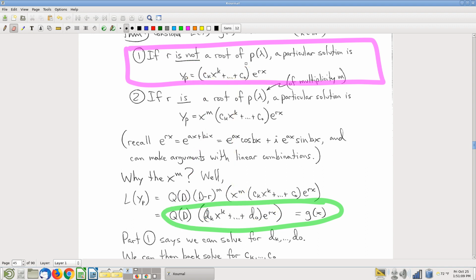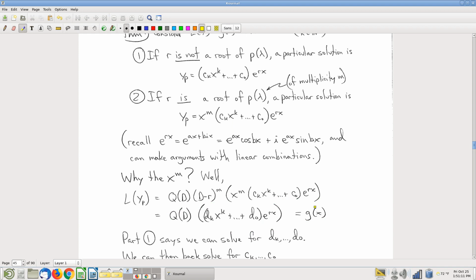Right, so big picture then, if you want to find a solution of this form, the first thing that you do is you solve this differential equation. We expect this differential equation to work because, well, it just follows form number one. And if you know the solution here to this differential equation, you just have to back solve and figure out, given these d's, what are the corresponding c's?